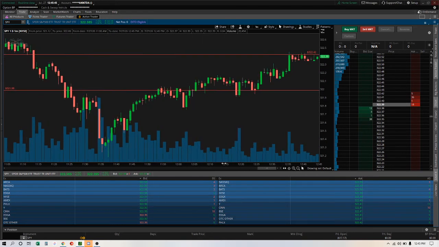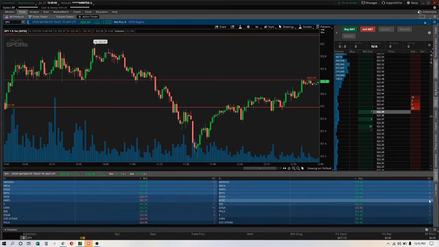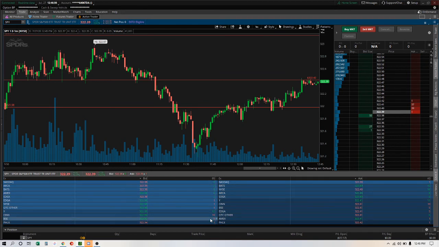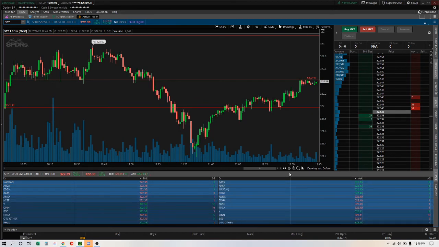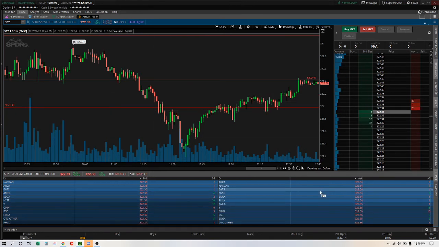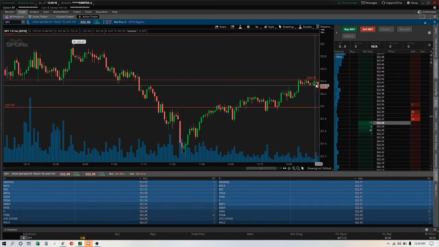So, again, like everything in trading, this isn't ride or die. Right now, you can't look at this, or again, it's changing, but you can't look at this and see all of these ask sizes being much larger than the bids here, and say, okay, I'm going to short it right now. You need to pay attention and watch and practice and see what works for you while using this level too. As you can see, we just had a drop.